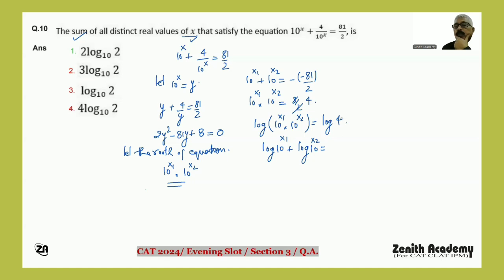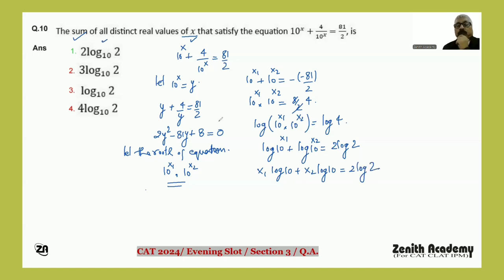So log 4, 2 to the power 2, it is 2 log 2. So here we can take x1 log 10 plus x2 log 10 is equal to 2 log 2.